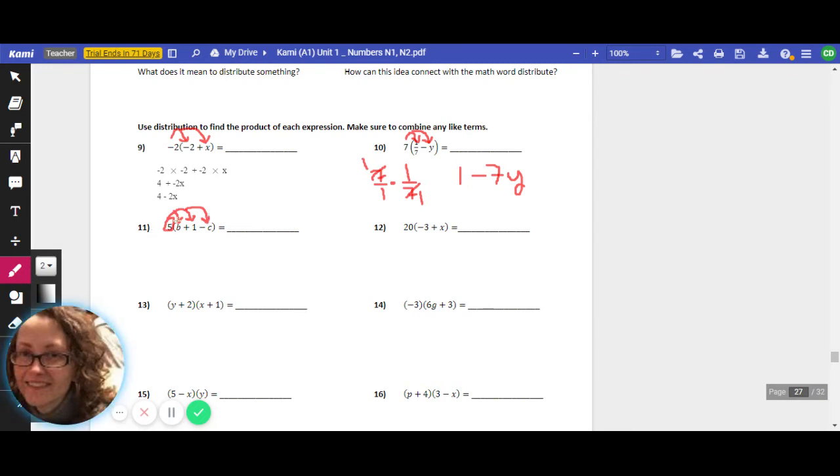Because the 5 is on the outside of the parentheses and all 3 terms are on the inside of the parentheses. So 5 times b is just 5b. 5 times 1 is just 5. And 5 times -c is a -5c.